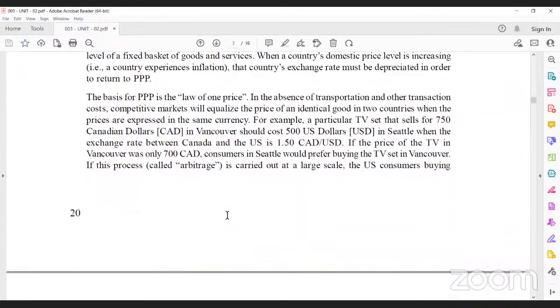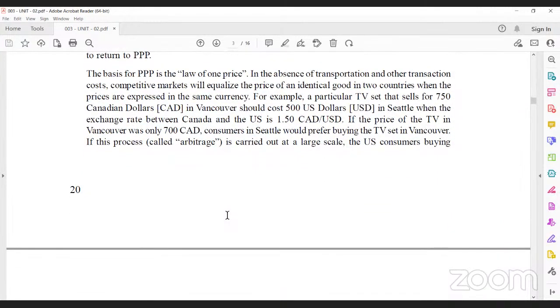Suppose here the example is given about a TV set that costs 750 Canadian dollars in Vancouver, and should cost around 500 US dollars in Seattle when the exchange rate between Canada and the US is 1.50 Canadian dollars per US dollar. If the price of the TV in Vancouver was only 700, consumers in Seattle would prefer buying the TV set in Vancouver.